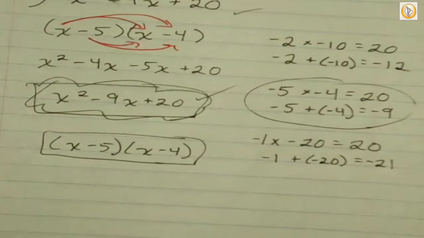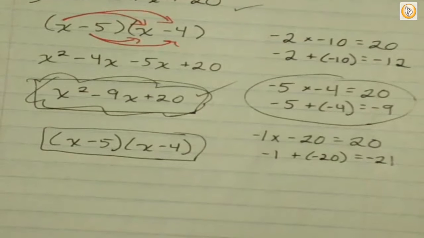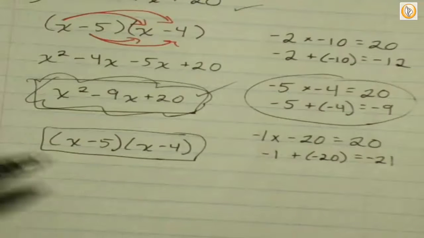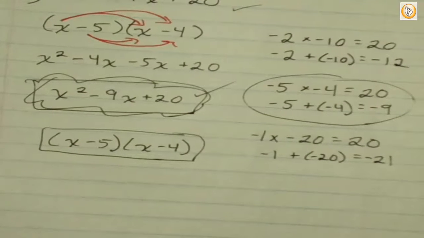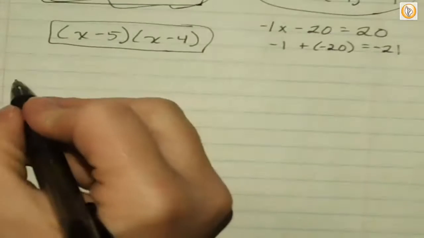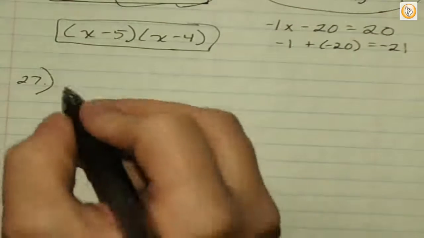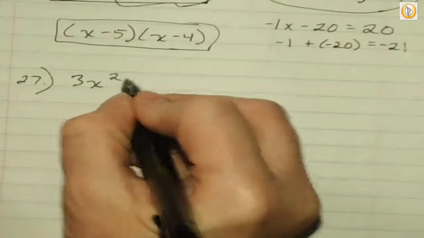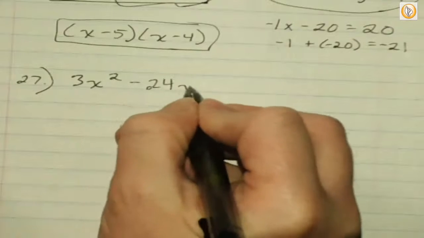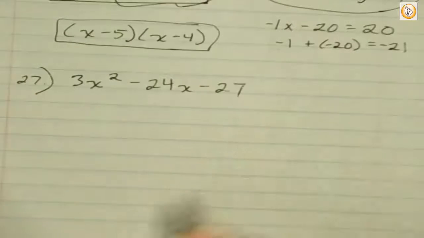All right, let's look at the last one. I'll set you free. Look at number 27. Three x squared minus 24x minus 27.